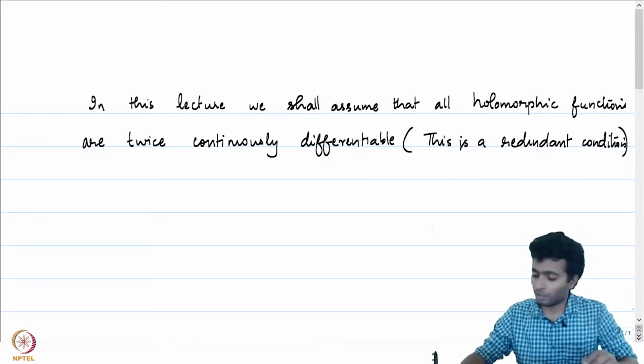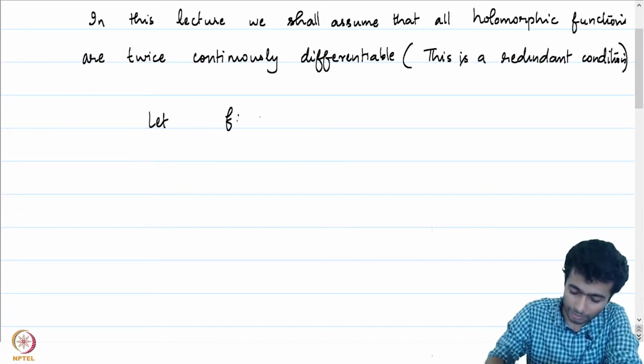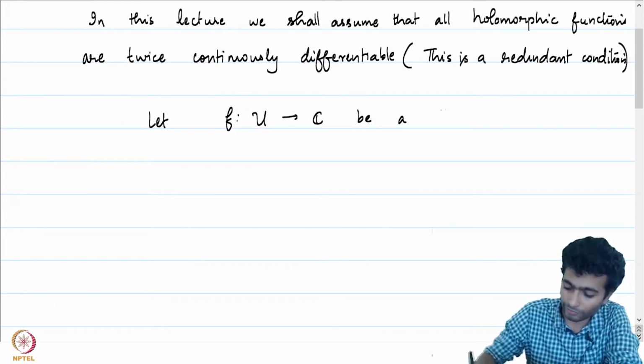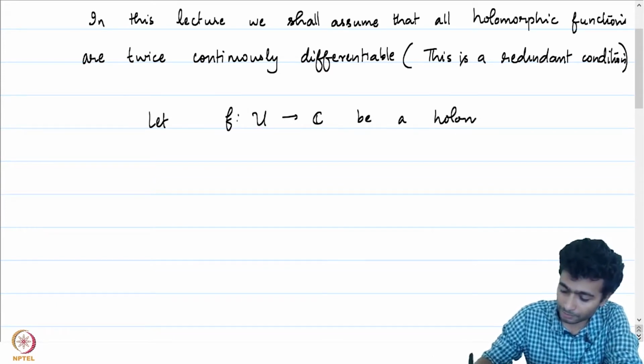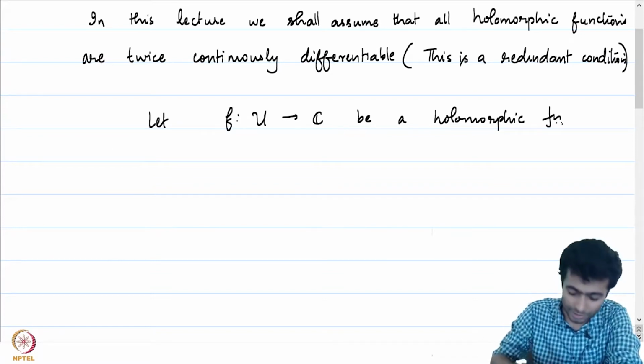And let's also recall that given a holomorphic function, so let f from U to C be a holomorphic function, then what does the Cauchy-Riemann equation say?